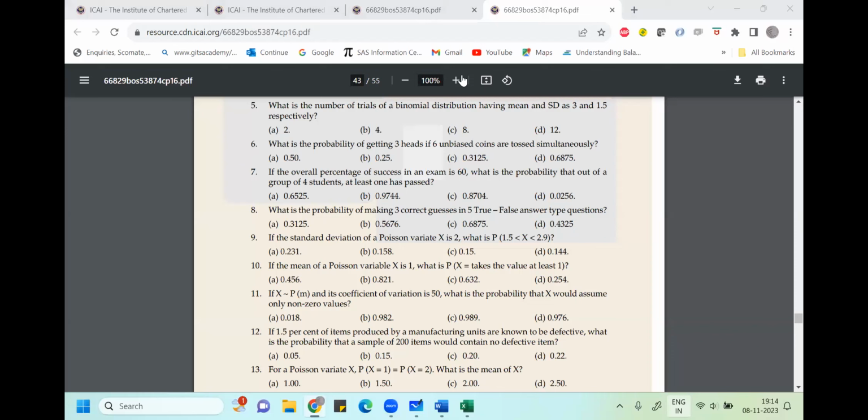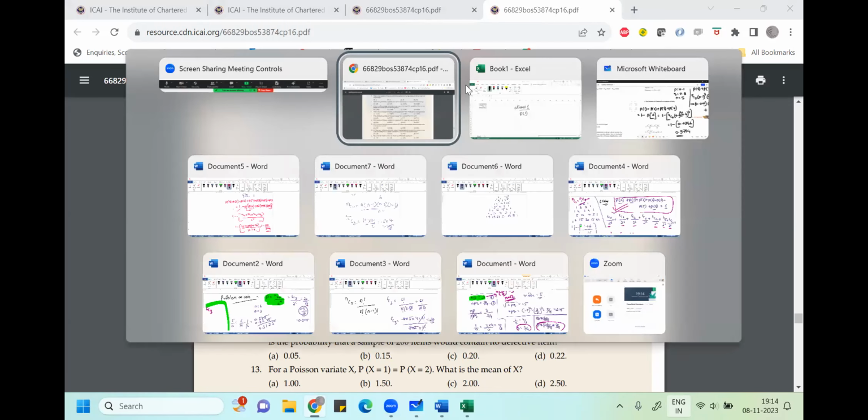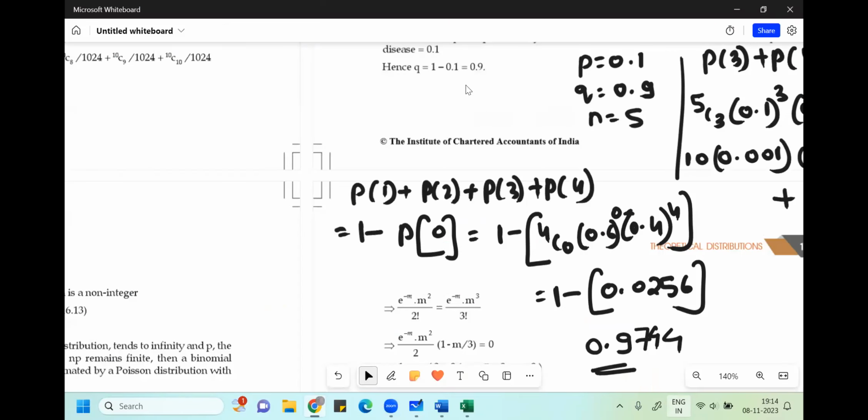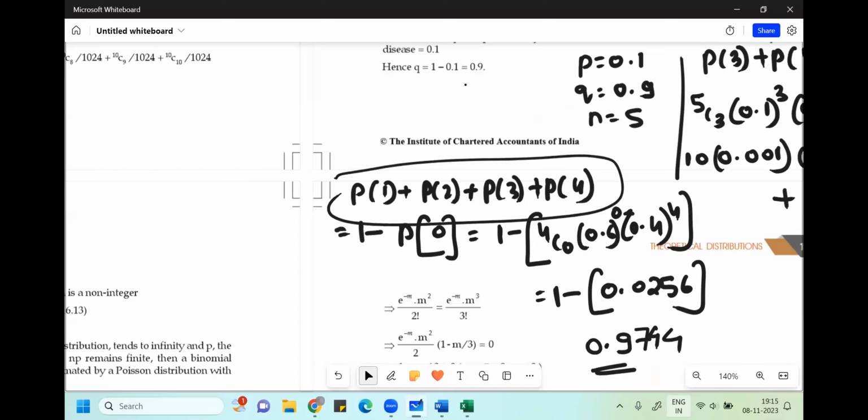Very good, Varsha. What about others? You're getting it right. So whenever they're asking at least one, don't try to get into that trap. Just do one minus probability of zero. Success here is 0.6, failure here is 0.4.